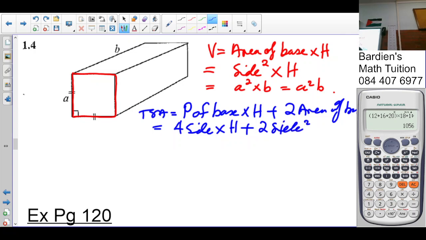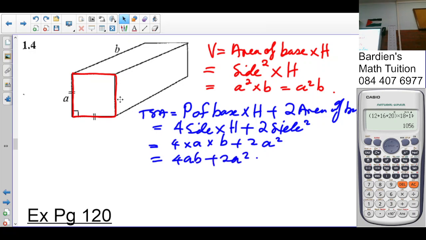Not so? Yes. So it will be 4 times side. What's the length of the side? a. My height is b. Plus 2 a squared. So it's simply going to be 4ab plus 2a squared. Okay.